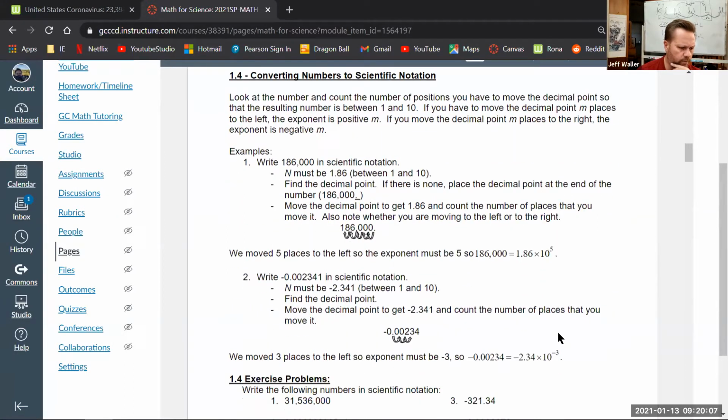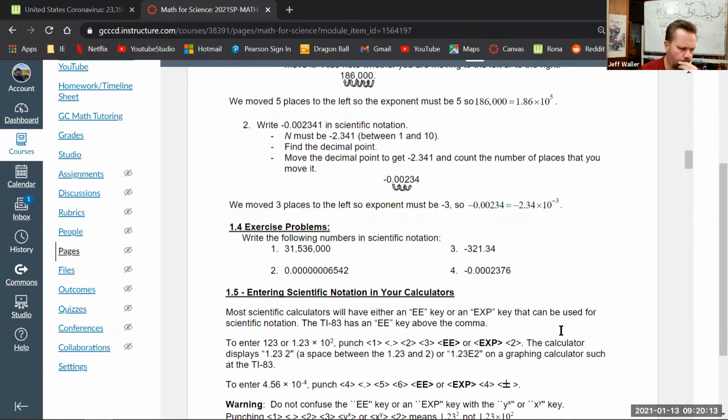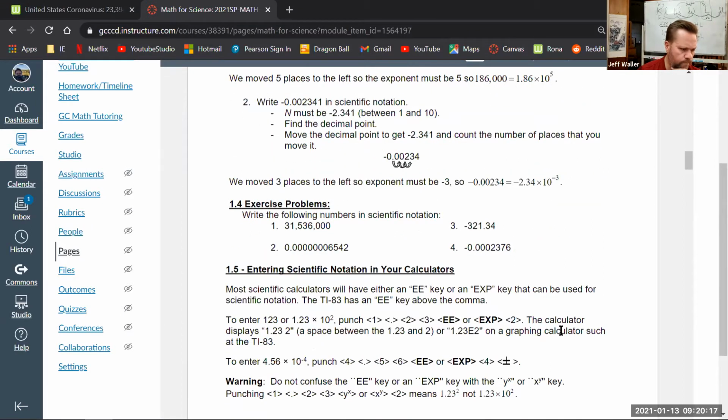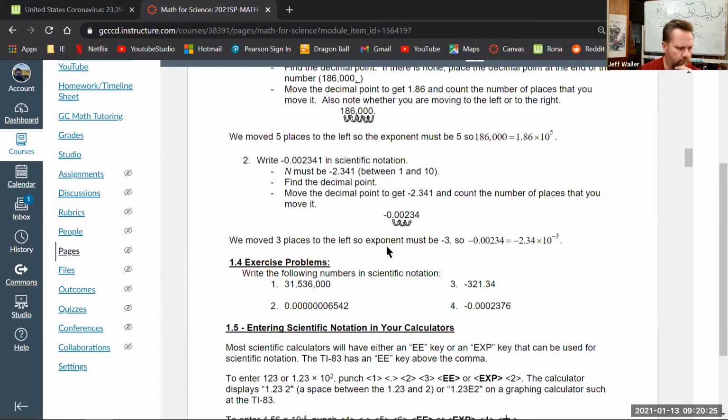Where are we at though? Where's the mistake? Page 2, way down where it says, see the bold where it says 1.4 exercise problems right there. That sentence right above it where it says we moved 3 places to the left. And look at the numbers. Oh yeah, so it should be right. I told you guys I have trouble with left and right.